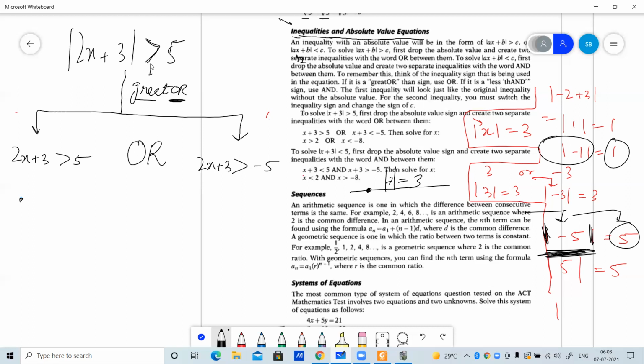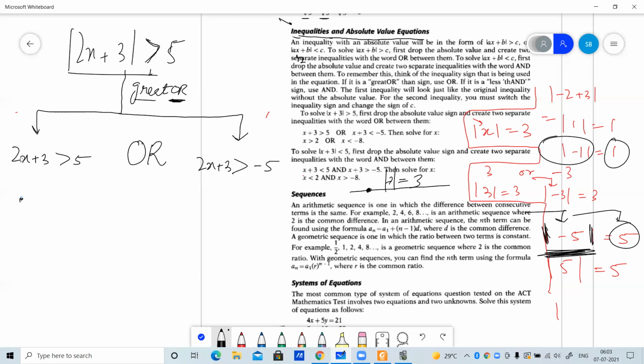If there's a greater than sign, you're writing 2x plus 3 is greater than 5 or 2x plus 3 is less than negative 5. Are you following? Yeah. Whenever you're having a greater than or greater than or equal to absolute value inequality, you will again make two inequalities.